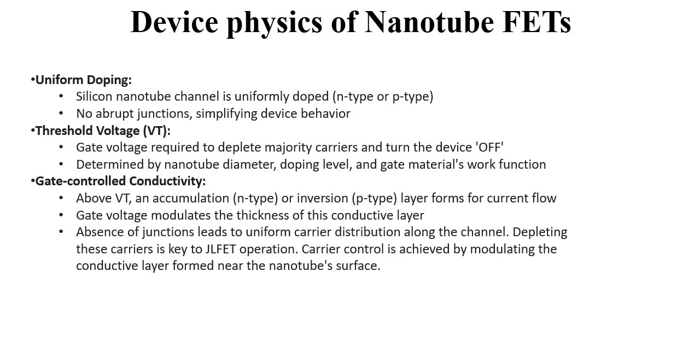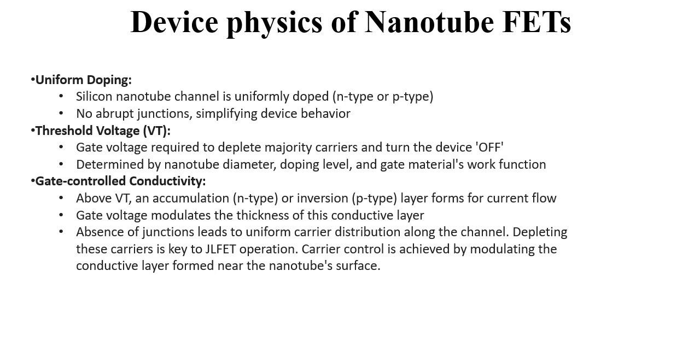It means the channel is uniformly doped, whether it is p-type or n-type. No abrupt junctions are there, simplifying device behavior. Now, the nanotube itself is a very complex structure, so if we use it delicately, we can easily get very good results.